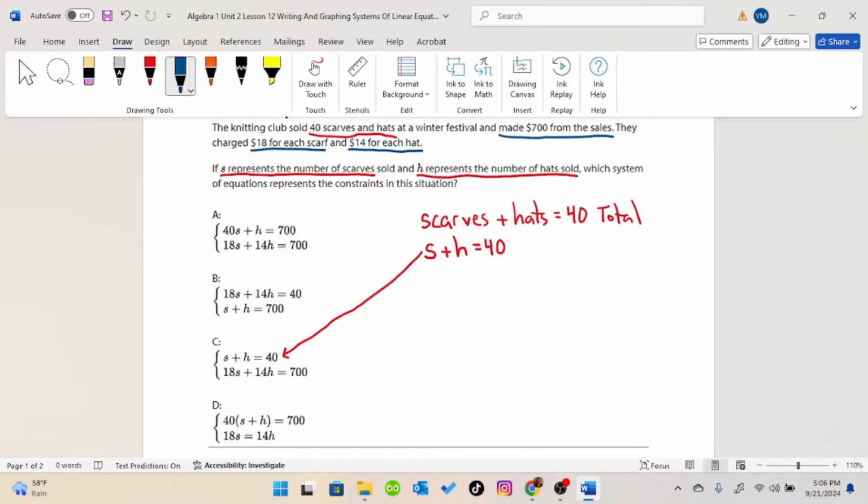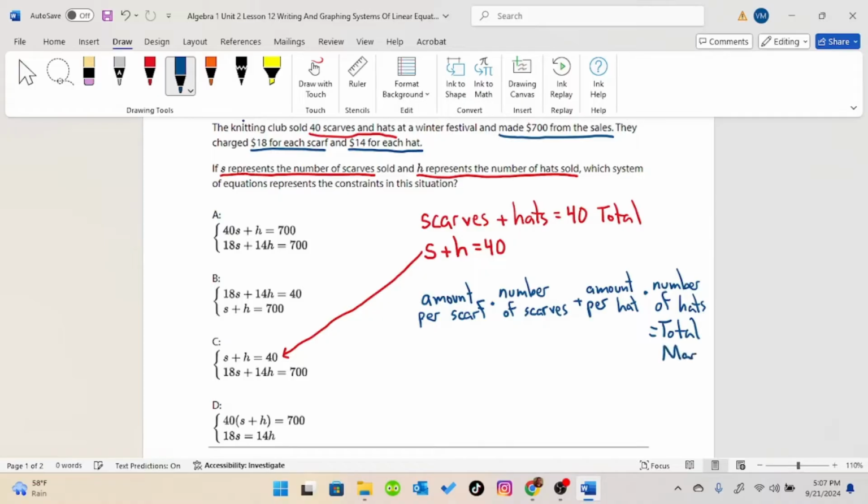So the way we would write that is the amount per scarf times number of scarves plus amount per hat times number of hats, and that is going to equal total made.